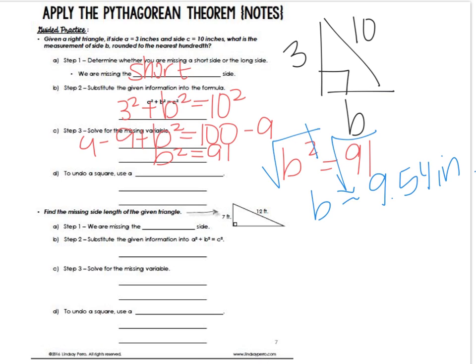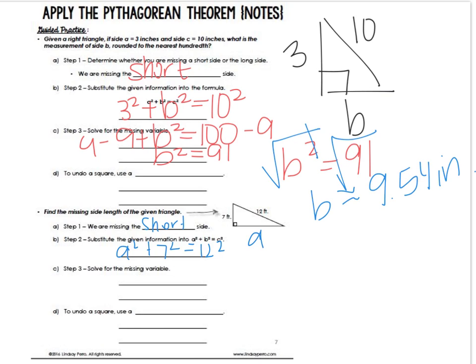Okay, so in this one, they said find the missing side length of the given triangle. So notice this one side does not have a variable. So you could really make that A or B. I'm going to make it A, which is the short side. So I'm going to substitute that in and I'm going to go A squared plus 7 squared equals 12 squared.